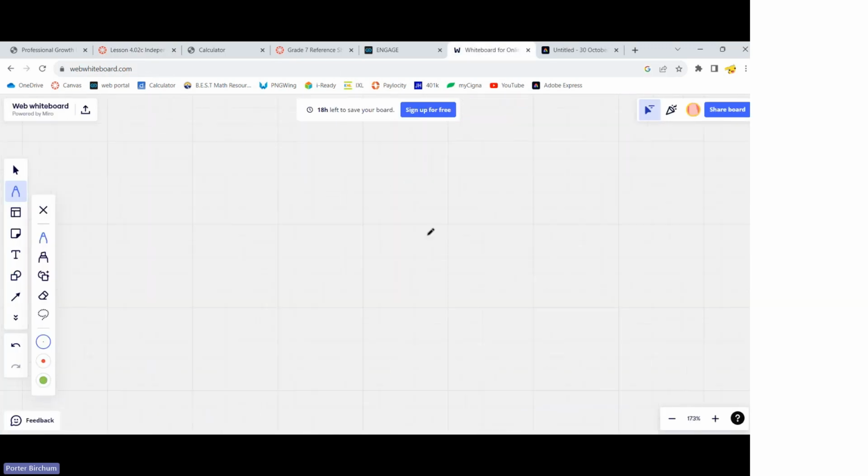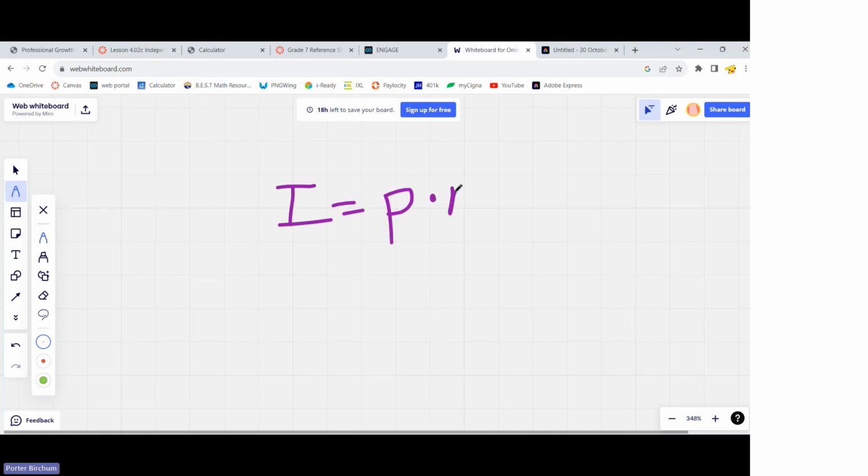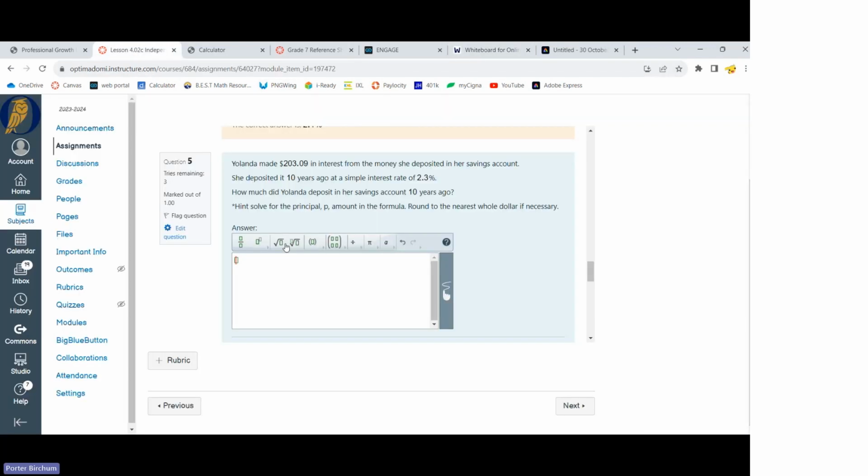So again, I'm going to write my formula. I equals principal times rate times time. Let's find the interest first. Let's replace the interest. She made $203.09 in interest.